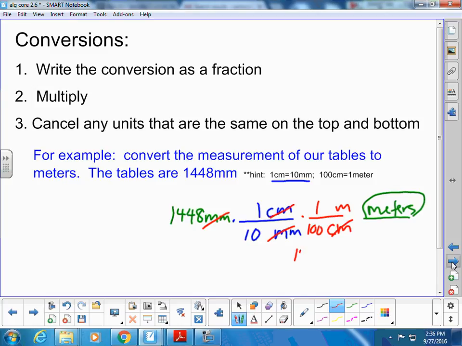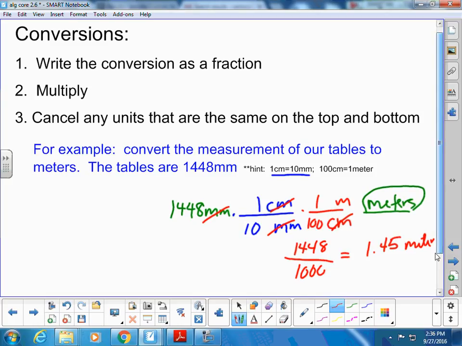And now I have 1,448 in the numerator divided by 10 times 100 in the denominator, so divided by 1,000. 1,448 divided by 1,000 is 1.45, let's say, meters is the size of our table.